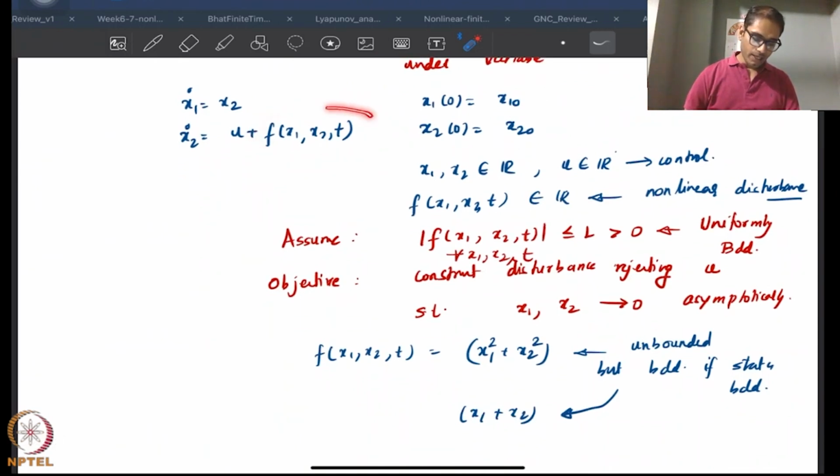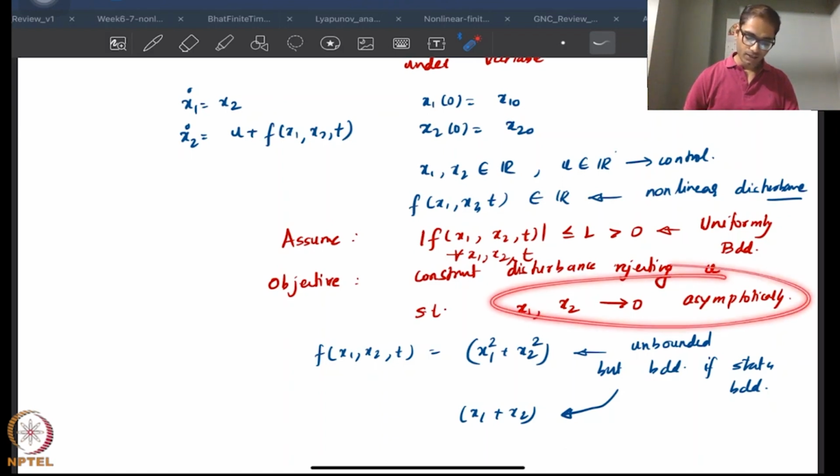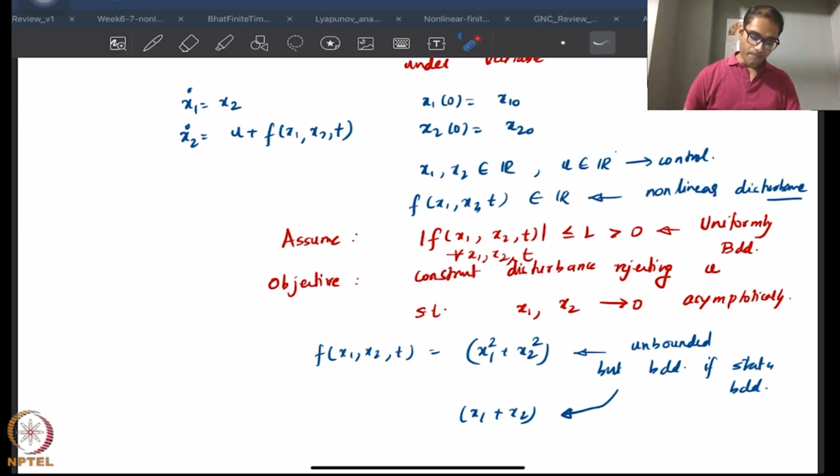So this is some kind of lumped disturbance, lumped nonlinearity, and the objective of a sliding mode control design is to develop a controller that will achieve asymptotic convergence, or asymptotic stability, while there is a disturbance acting on the system.